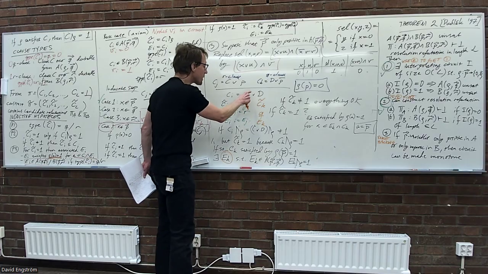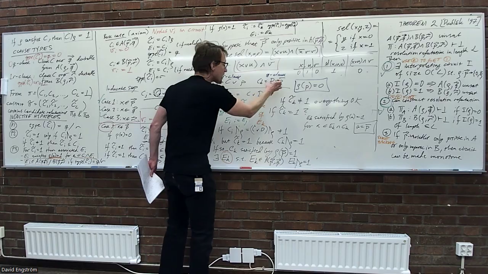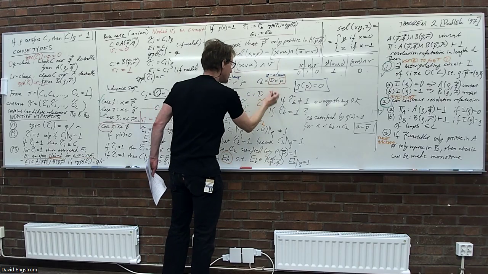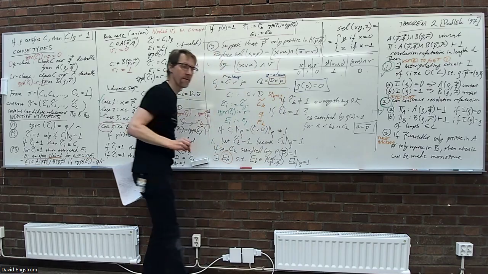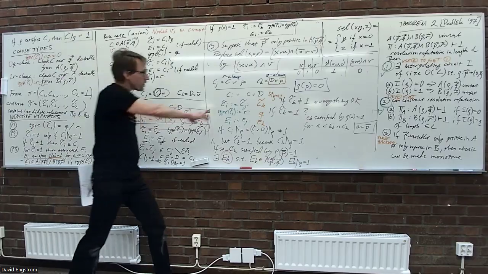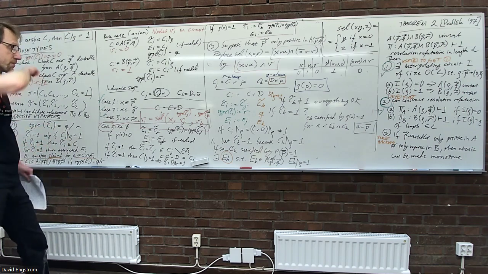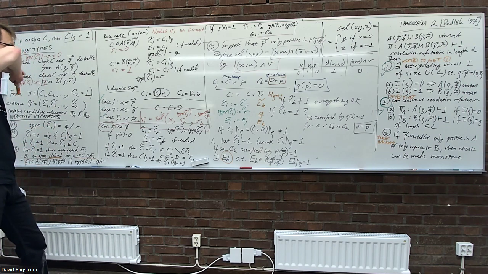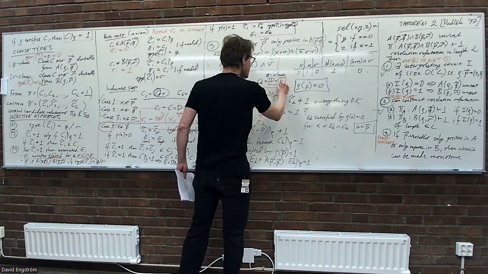Rho is not satisfying D. Right? Rho is satisfying this guy, but apparently D under rho is not 1. Because otherwise, if it were 1, I wouldn't be too worried. So it has to be this guy.